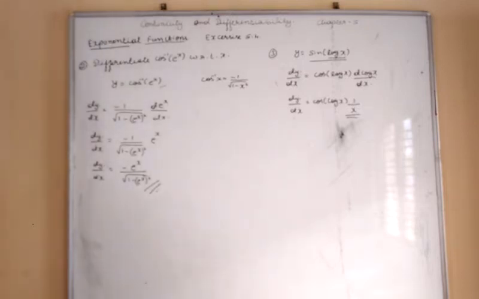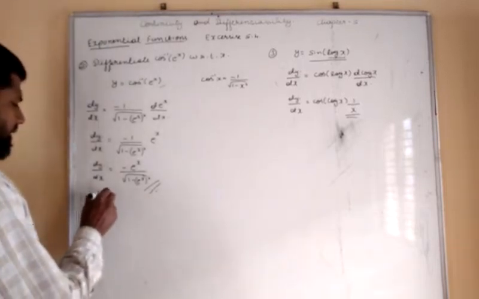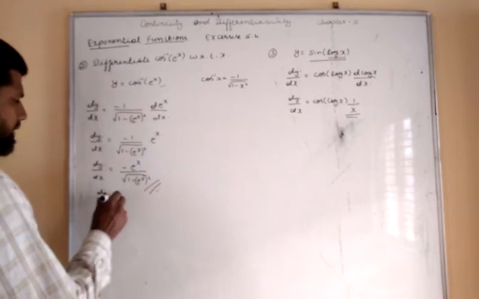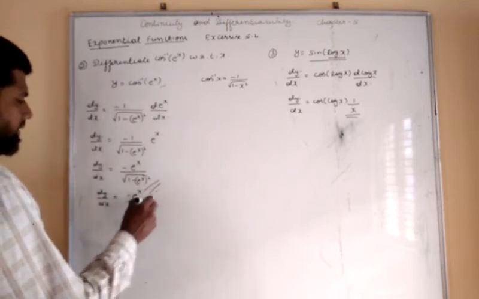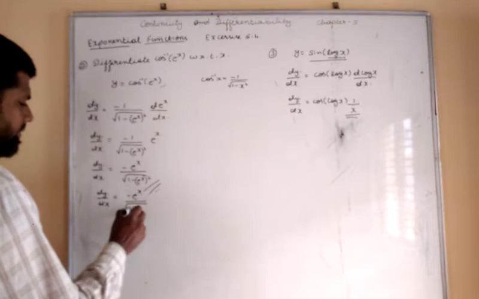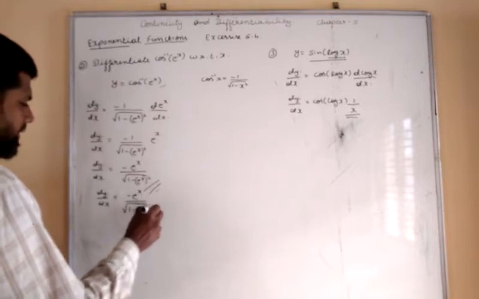Or you can write this as dy by dx is equal to minus e to the power of x by square root of 1 minus e to the power of 2x.